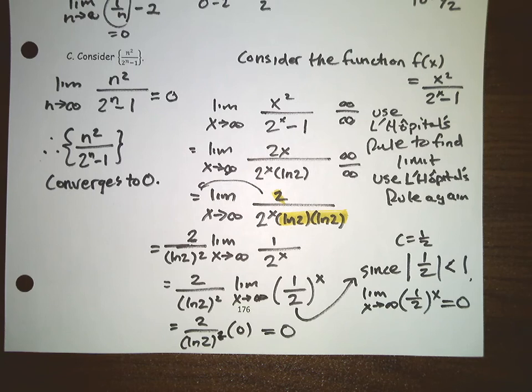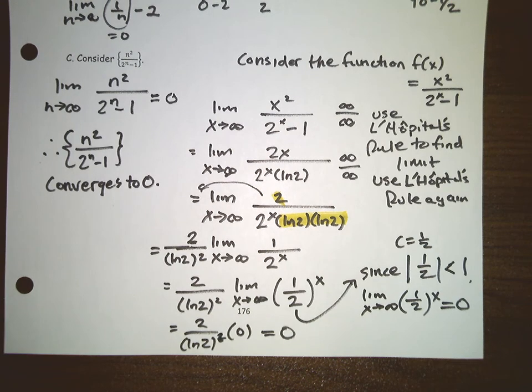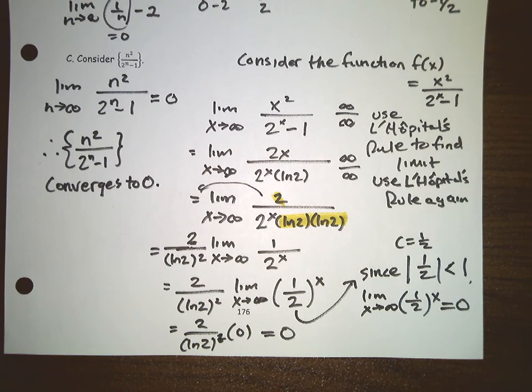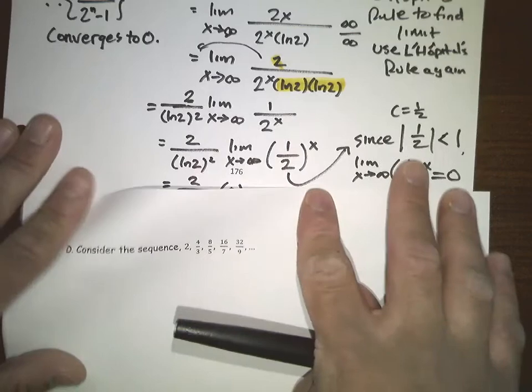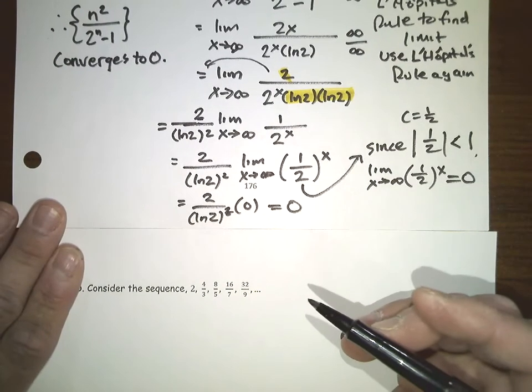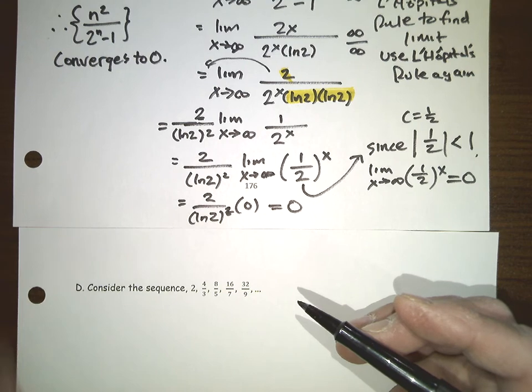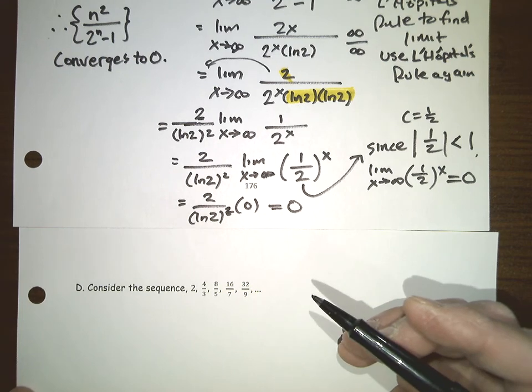So that was a little bit of a different example that demonstrated that rule of c to a power. Now I want to do the same thing, but instead of giving the nth term formula for the sequence, we're given just the list of terms. Before we do that, do you have any questions, Maxwell?